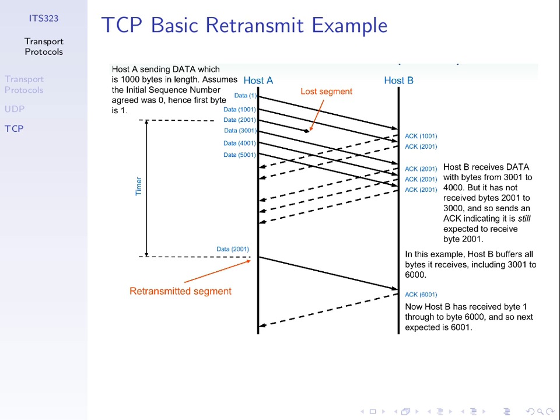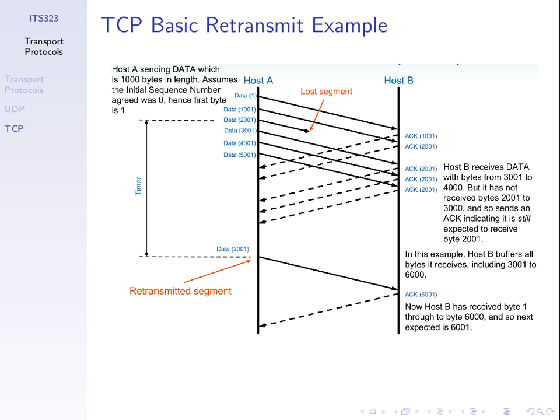Now, coming back to A's perspective, it sent 6 segments. After sending each, it starts a timer, and it's waiting for an ACK. It receives an ACK number 1001, which acknowledges the first segment. How does it know that? Because when we sent that first segment, we knew it went from 1 up to 1000.